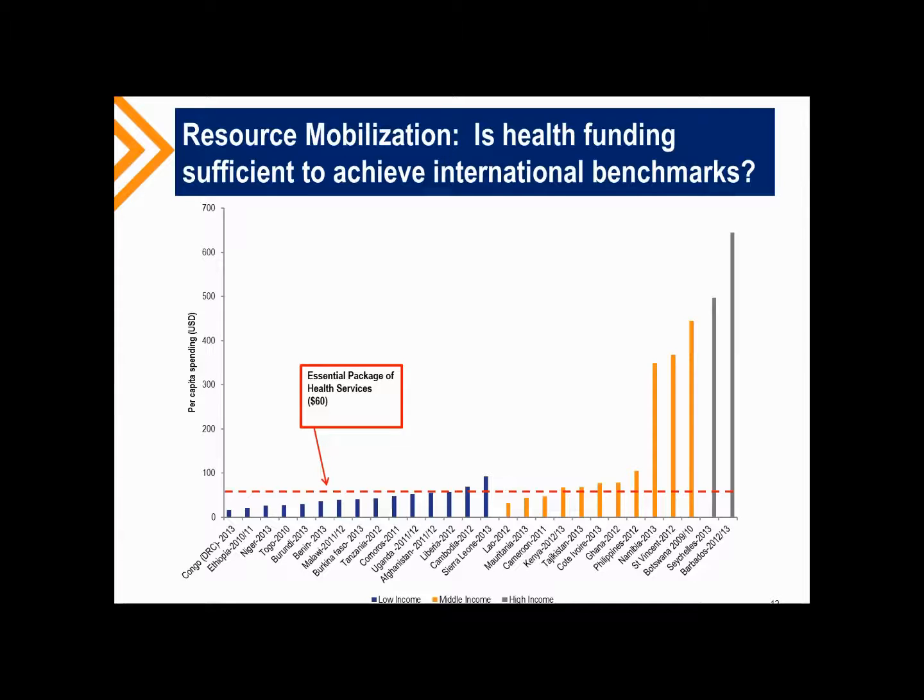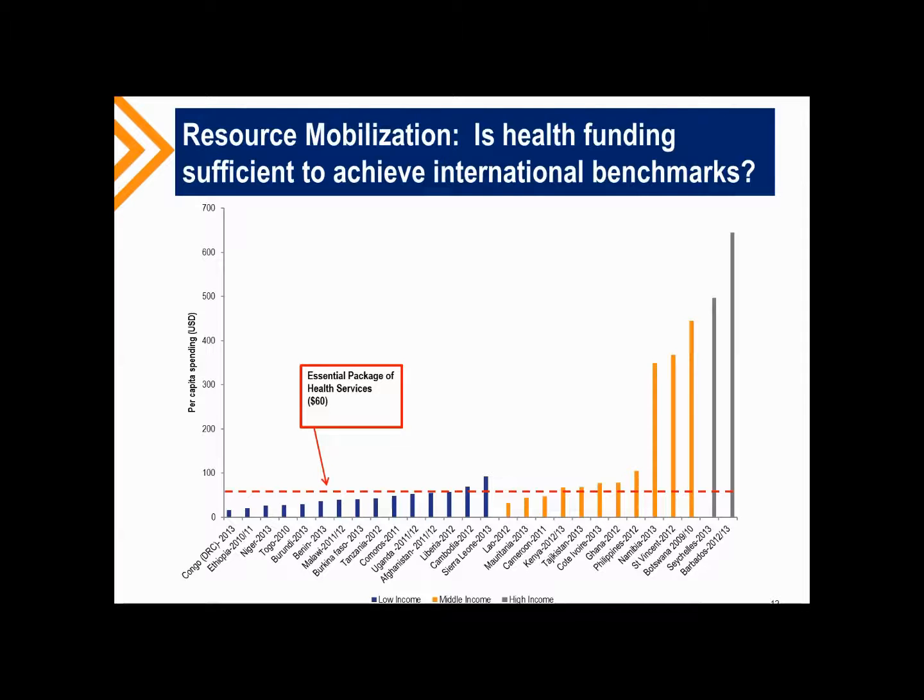In 2009, the Task Force on Innovative International Financing for Health Systems identified an internationally accepted essential package of health services, which was valued at $60 US per capita. You can see that represented by the red line in this graph.